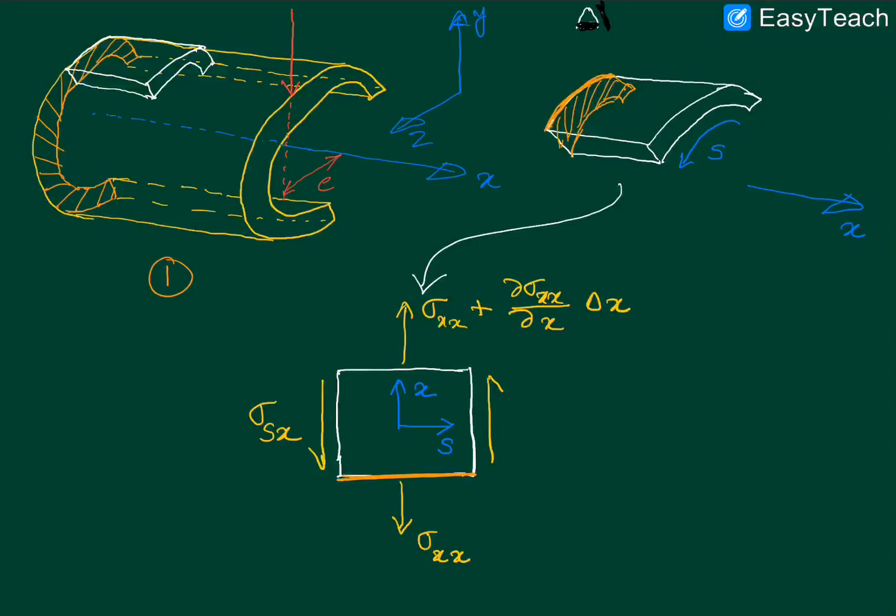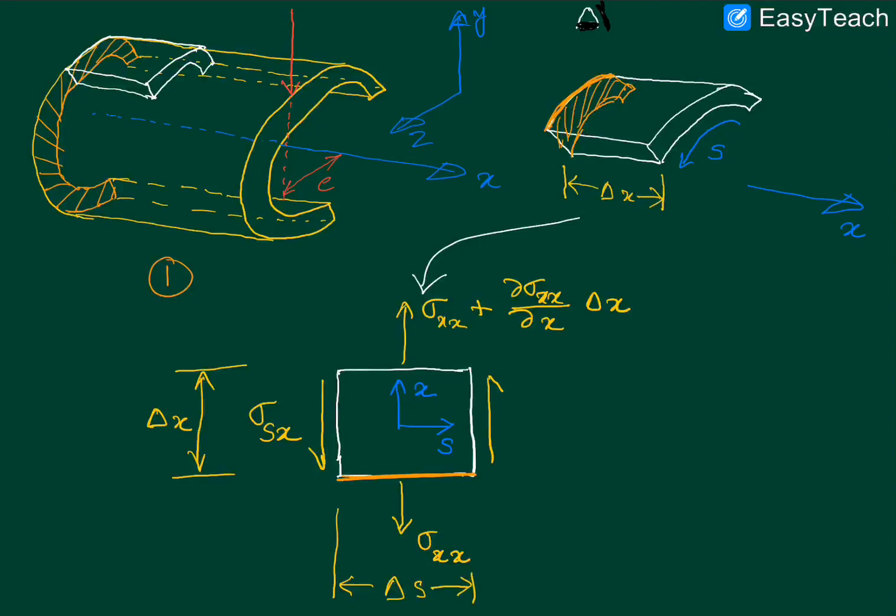So note that what we are doing here is we are considering that this length is delta x. Consequently, if we go back to the previous diagram here, this length is delta x. And you also note that this length is delta s.